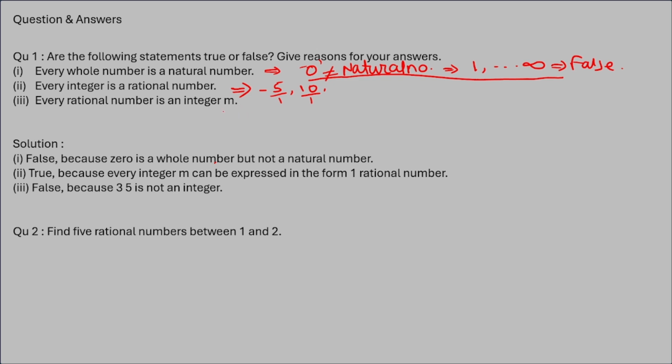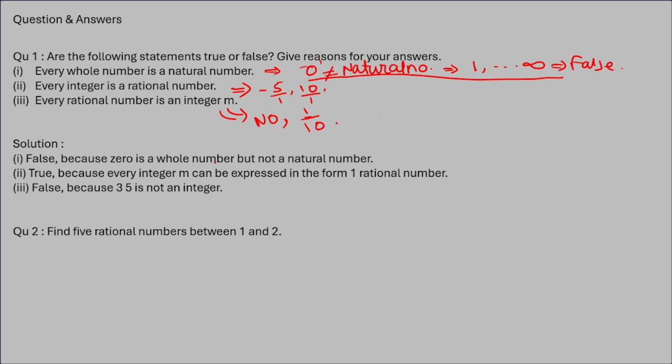Then, every rational number is an integer. Just now we said all integers are rational numbers, but are all rational numbers integers? So the answer is no. The reason is very easy. Consider any rational number like 1 by 10. Is it an integer?